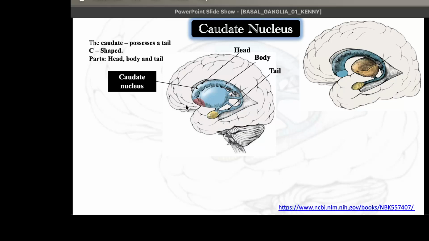And by being C-shaped, it forms a constant relationship with the lateral ventricle.